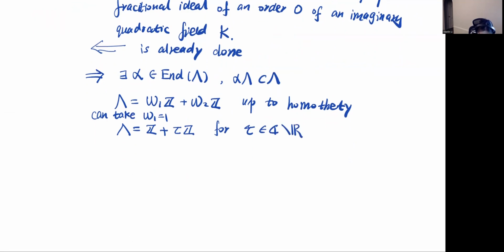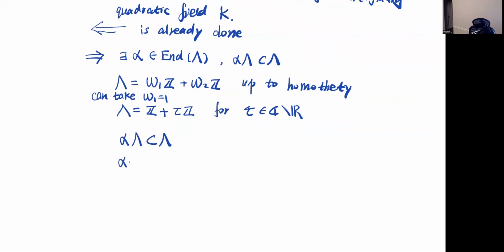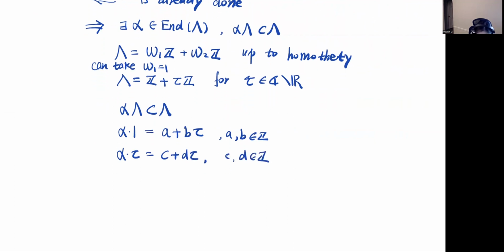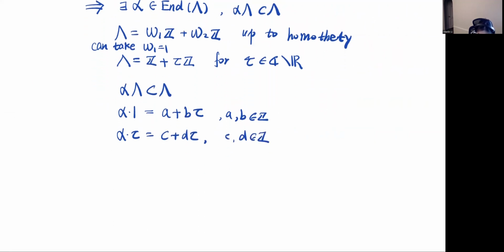Now alpha times lambda is inside lambda. This means alpha times 1 is inside lambda, so alpha times 1 equals a plus b tau for some a, b in Z. And moreover, alpha times tau needs to equal c plus d tau for some c, d in Z, because alpha times lambda is inside lambda by assumption.